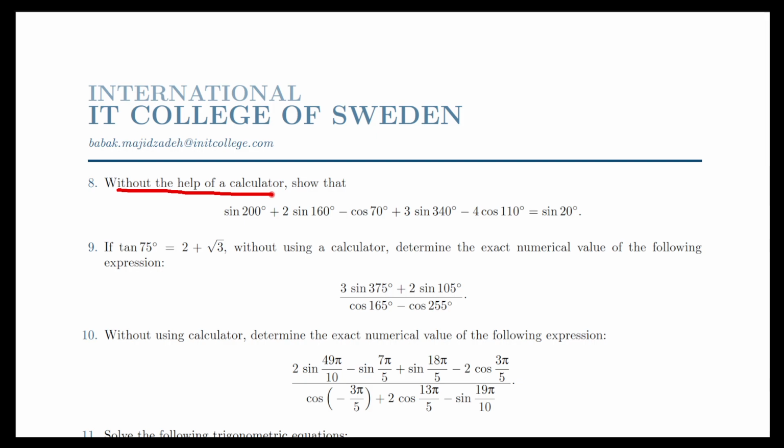So without the help of a calculator, or of course Geogebra or whatever, we want to show that sine of 200 degrees plus 2 times sine of 160 degrees minus cosine of 70 degrees plus 3 times sine of 340 degrees minus 4 times cosine of 110 degrees is equal to sine of 20 degrees. And none of these angles are the angles that you can find in the table.